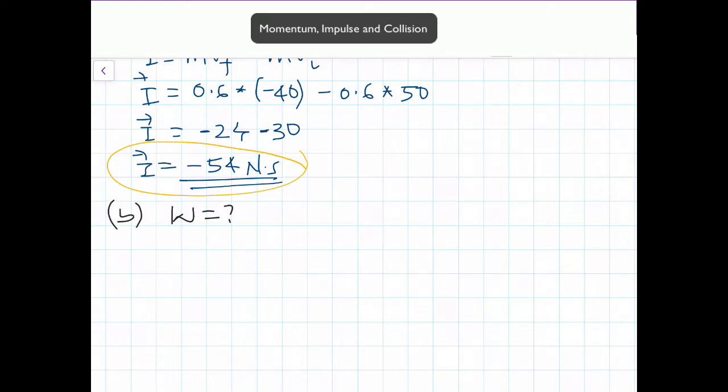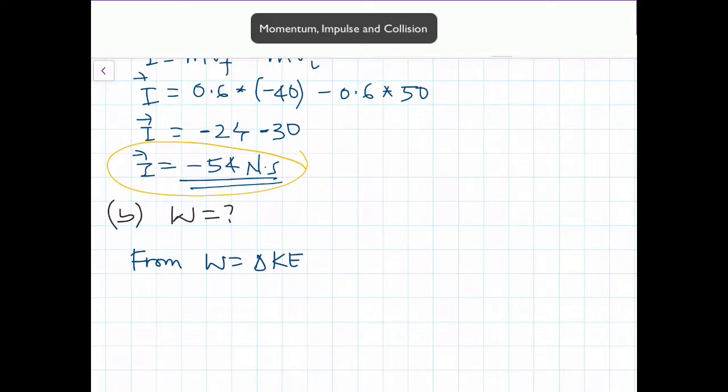From energy, what we know is work done is equivalent to the change in kinetic energy. Where did you get this? Probably you may ask that, but work done is defined as the change in kinetic energy.